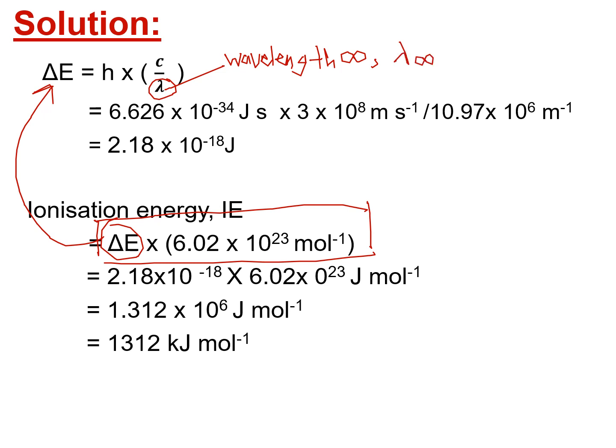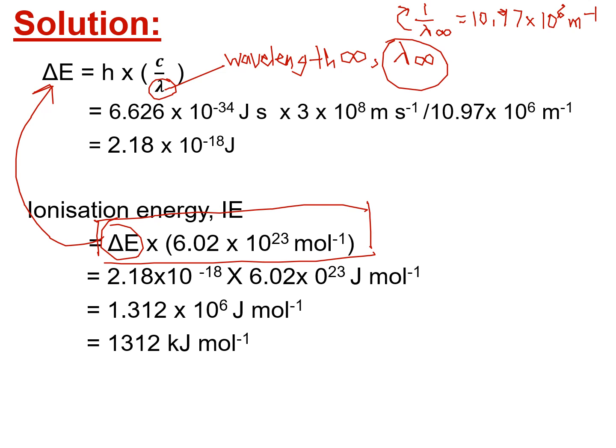Earlier we got the wave number information. Wave number is 1 over lambda. So for the converging limit, the wave number is 10.97 times 10 to the power of 6 per meter. To find lambda, you just invert this expression.